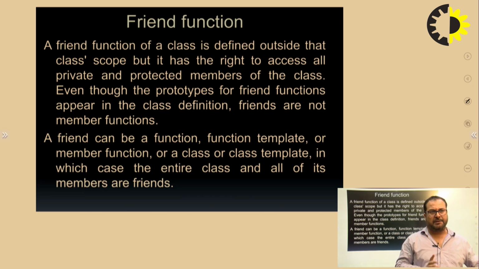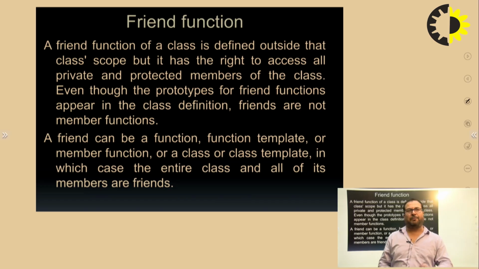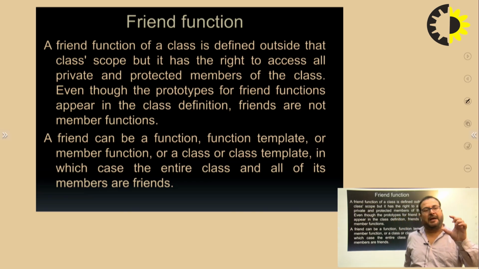Suppose there is a class A and a class B, and we have defined a function in class A. This particular function defined in class A cannot access the data of class B or any other class.